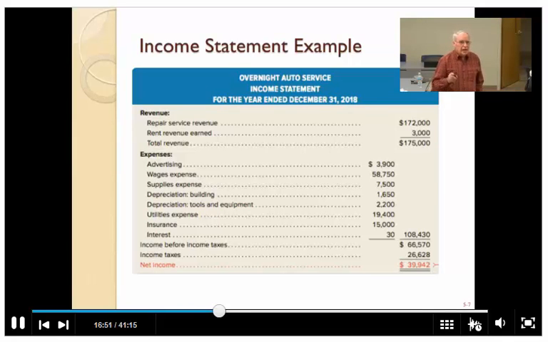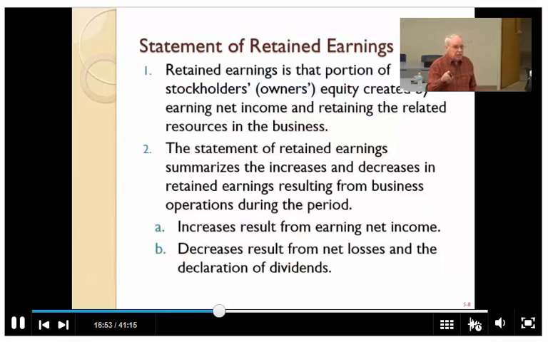All right, now again, I said the intermediate step then is the statement of retained earnings. Because when you look at a trial balance, the balance of retained earnings is last year's ending balance, because we haven't closed this year's activity yet. So if you were to look at a trial balance and you see retained earnings, you say, oh, okay, I'm done. No, you're not.